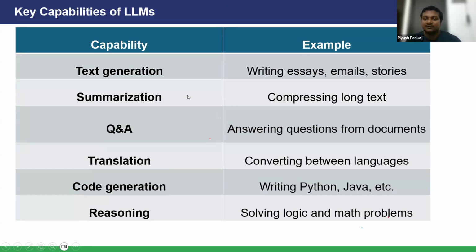Let's say I got a document and I don't want to read all of it. I want to just understand the important points. I grab the text, give it to ChatGPT, and ask, summarize it for me. Also for question answering, translation, and generating code in Python, Java, or any other language.